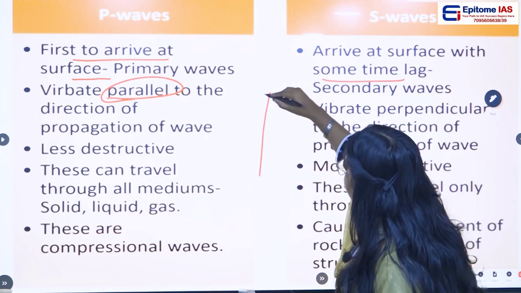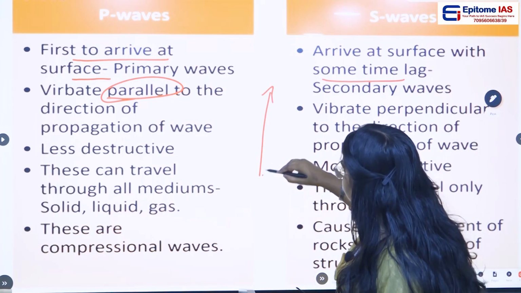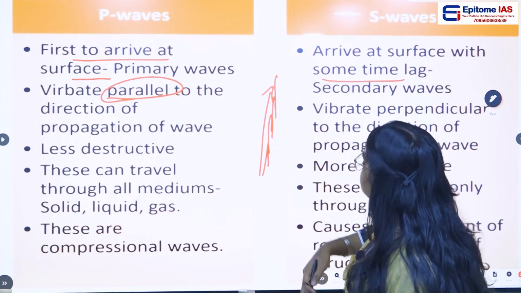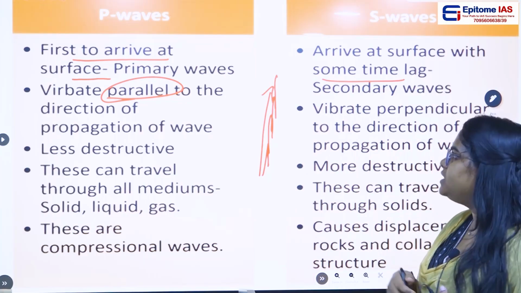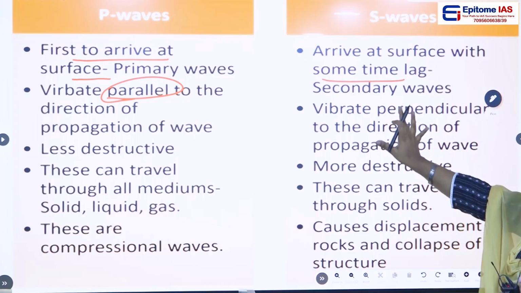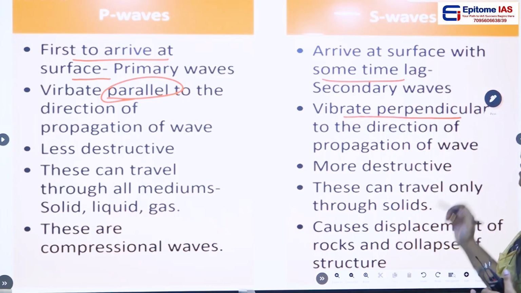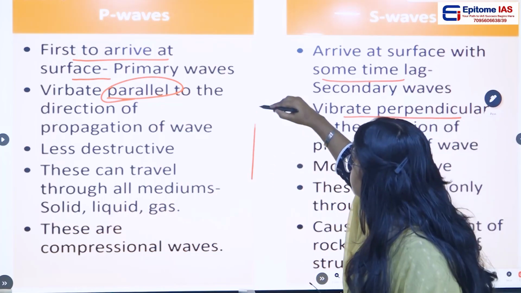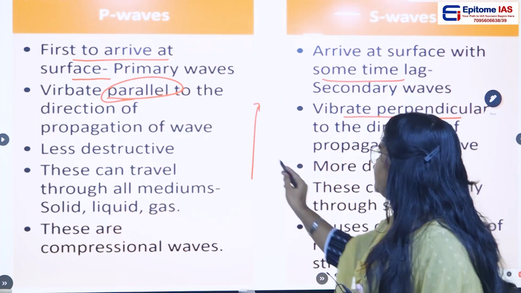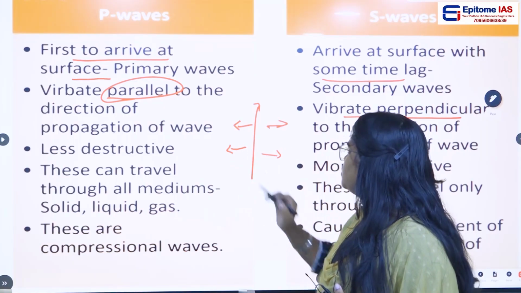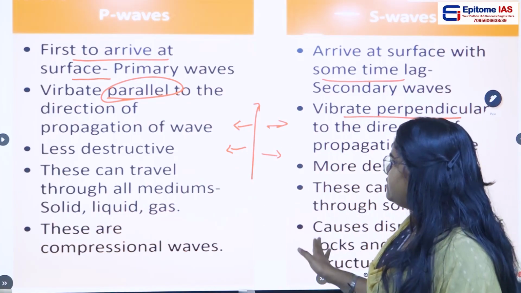Let's say this is the direction of the wave; it will vibrate to and fro in the same direction. But the secondary waves vibrate perpendicular to the direction of propagation.